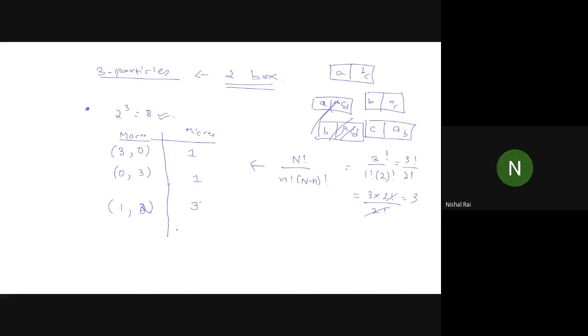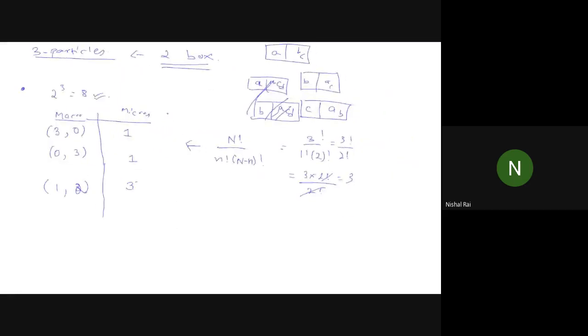Now if you want to check for this second one, both will give you exactly the same. Why? I will show you. 3 factorial divided by 2 factorial into (3 minus 2) factorial will again give you 3 factorial divided by 2 factorial, again 3. Both distributions will give you the same number of microstates. Is it clear?